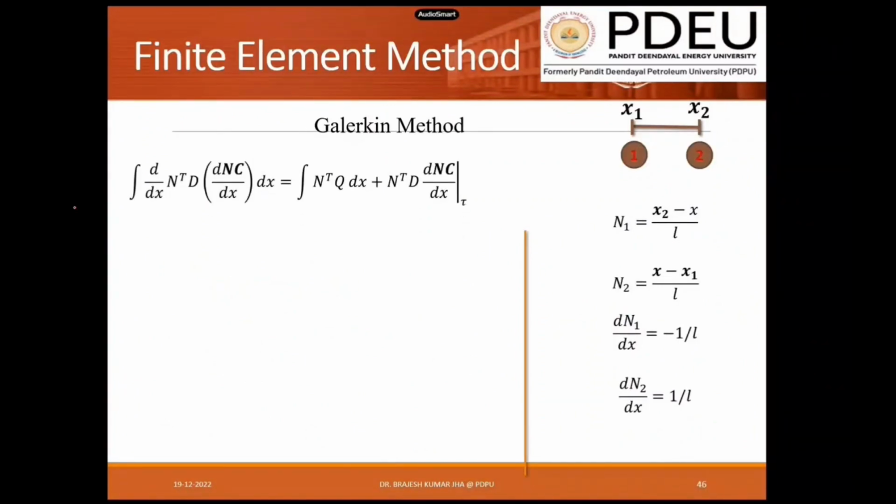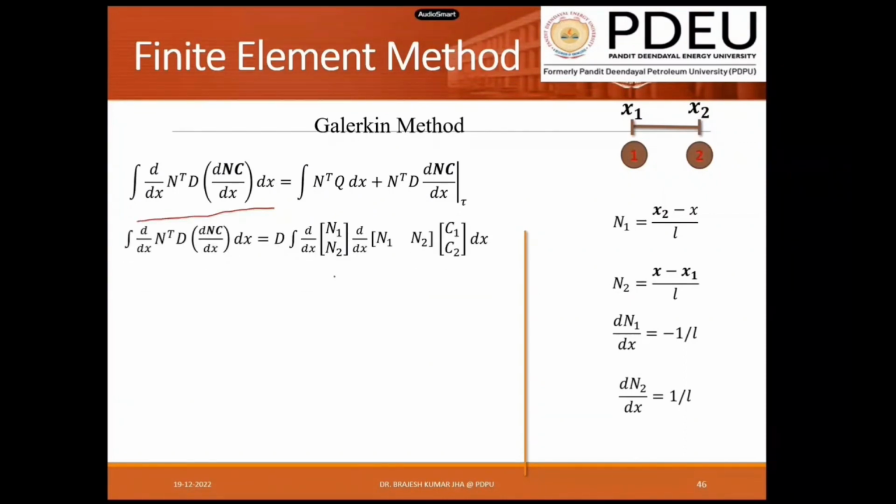So according to this, the derivative. Now N can be written in the matrix form, so N transpose also can be written in the matrix form. So N transpose, that is N1, N2, d Nc upon dx. So d upon dx Nc is what? N1, N2 and C1, C2.